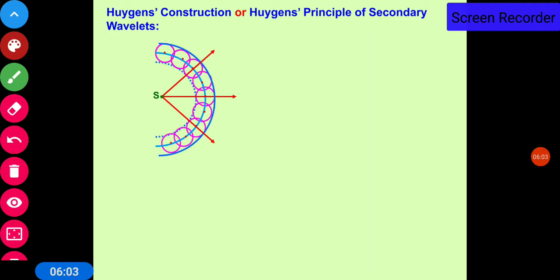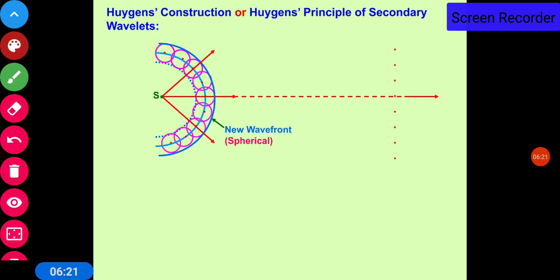Now, if we find the locus of the points having the same phase, then this blue line is the locus of the points having the same phase. So this is a new wavefront, which is again in the shape of a spherical wavefront.